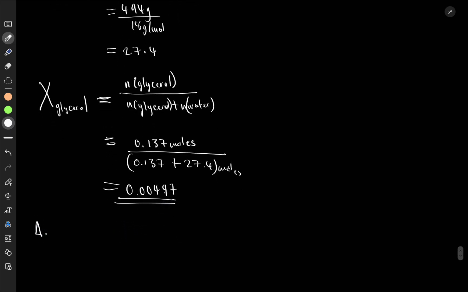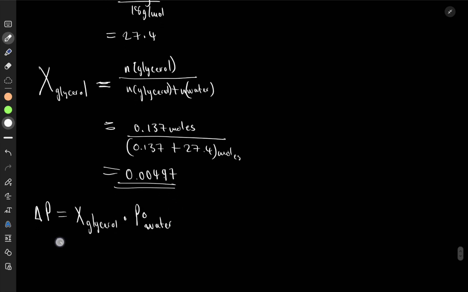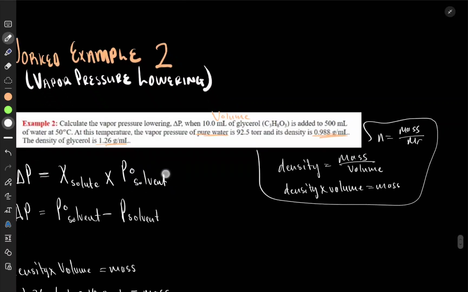Now we can say our vapor pressure lowering, delta P, is equal to X solid, which is glycerol, times the initial vapor pressure of the solvent itself, which is water. Remember that it is the initial, that's why we put the 0, the water. So it's going to be 0.00497 times what is the initial vapor pressure of the water.